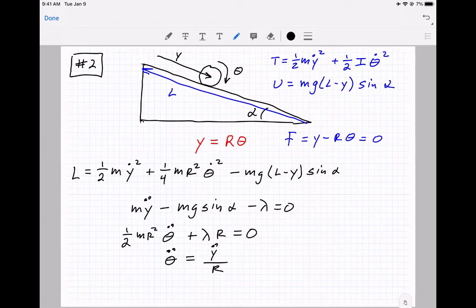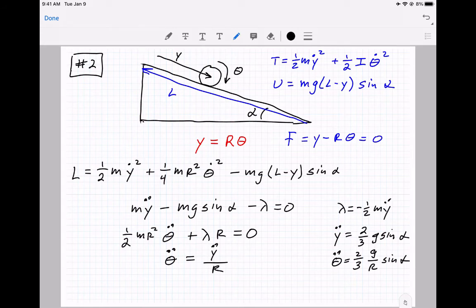So I can just start to do substitutions to solve this. Lambda is equal to minus 1/2 m y double dot, and y double dot is equal to 2/3 g sine alpha, and theta double dot is going to be 2/3 g over r sine alpha.